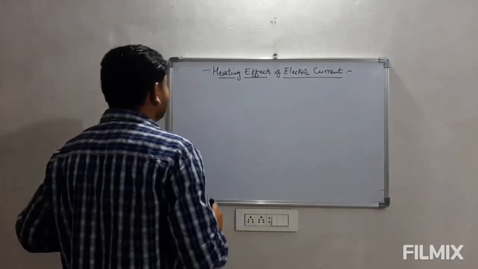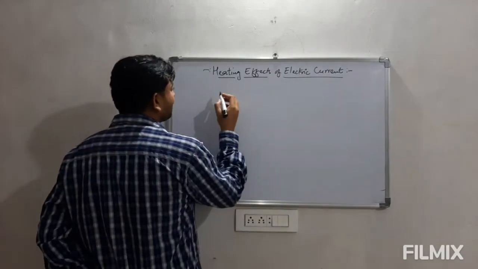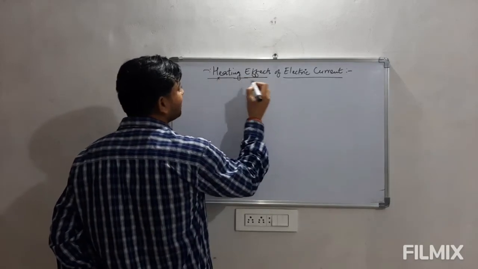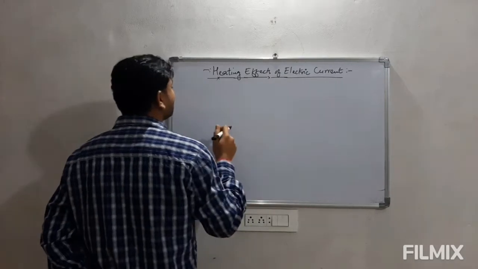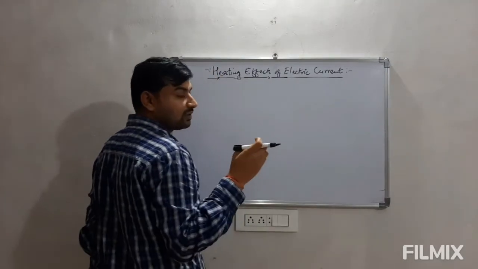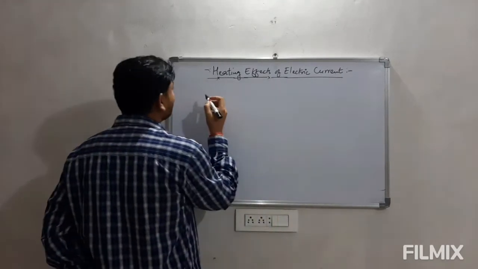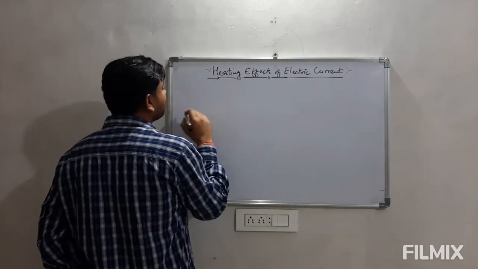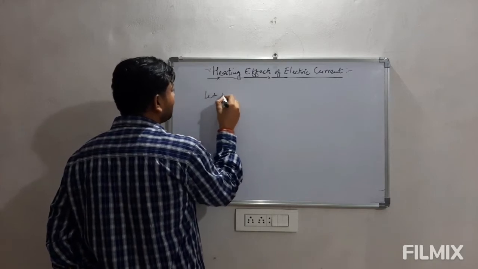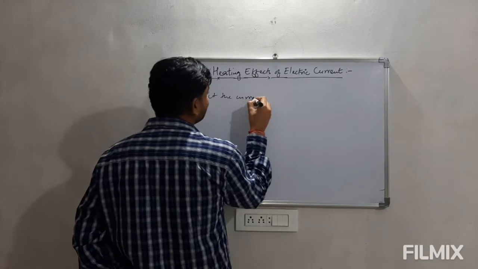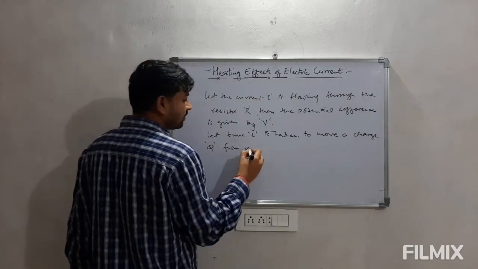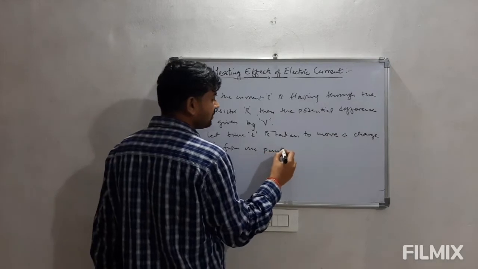As I told you, the potential difference is responsible for the energy coming to any conductor. So whenever we connect any source, the potential difference will be there. If we talk about a simple situation, let the current I flow from one point to another.